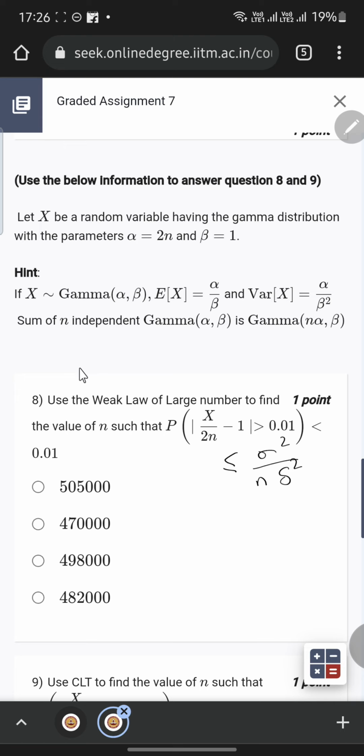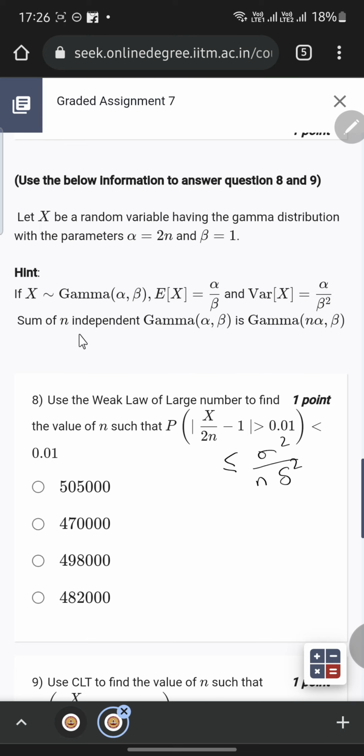Is that all right? Because let me write the actual formula. The weak law of large numbers signifies that, let me write it in a perfect manner.